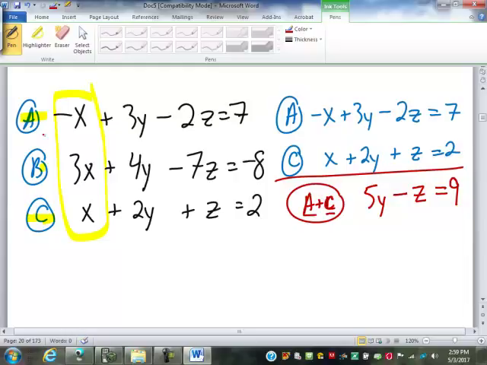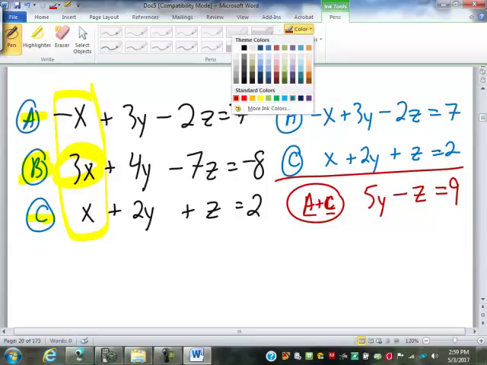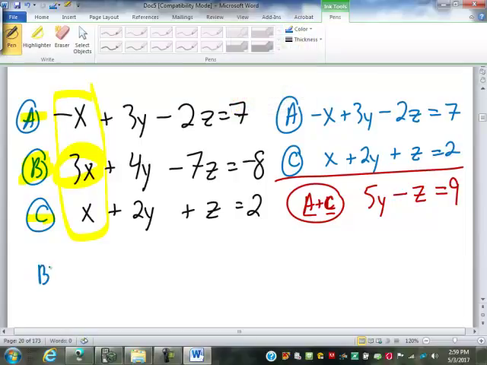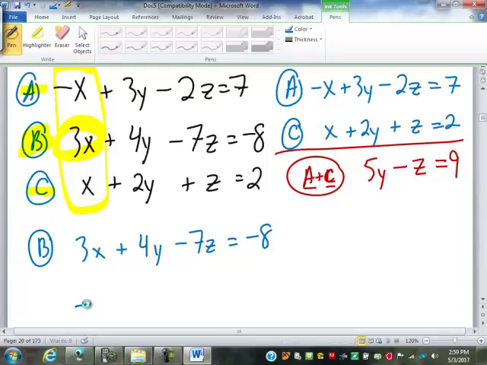That means this time I have to use equation B, and again I have to eliminate the x. Equation B is 3x plus 4y minus 7z equals negative 8. Since that's a positive 3x, I need a negative 3x to cancel it out.